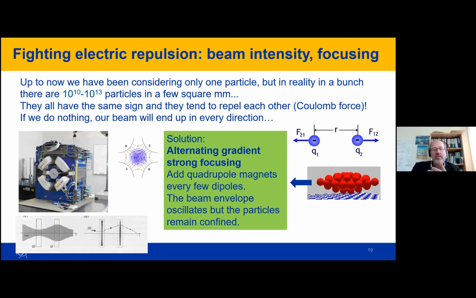You have many ways to study this process, but the key point is that using magnetic fields, using magnets, you can control the beam, you can transport your particles without losing them, and you can compensate for the repulsion between particles of the same sign.